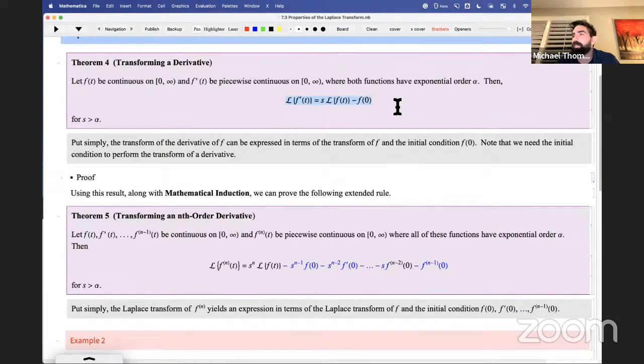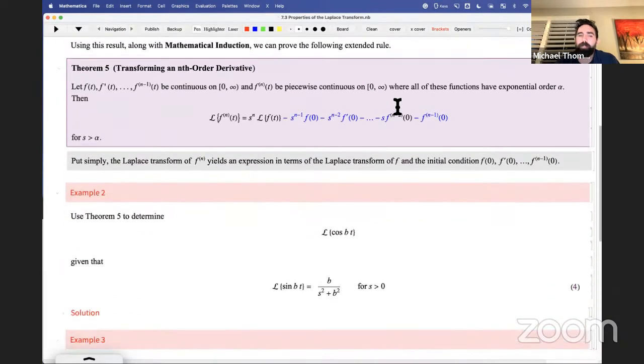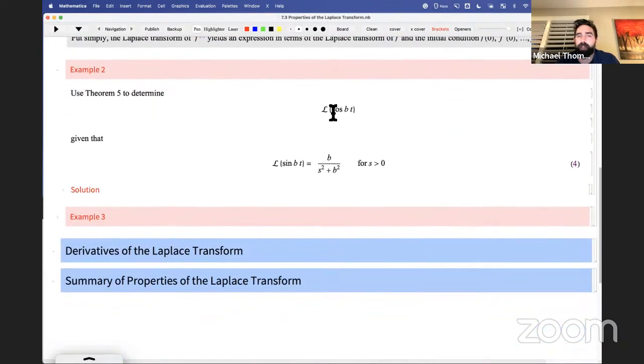This one right there. Okay, so here we go. Do you guys recognize that as the derivative of something? It's the derivative of 1 over b sine bt. That's the way to think of it if you want to use the rule.